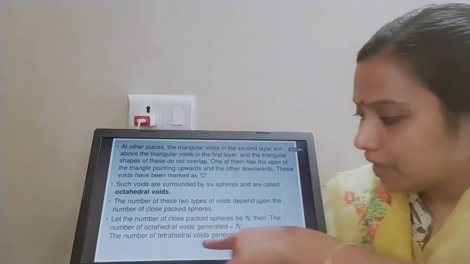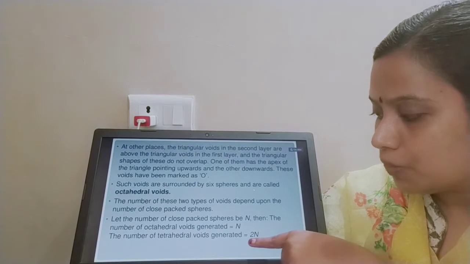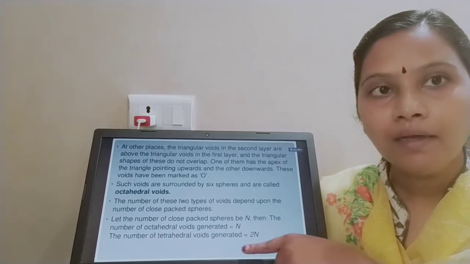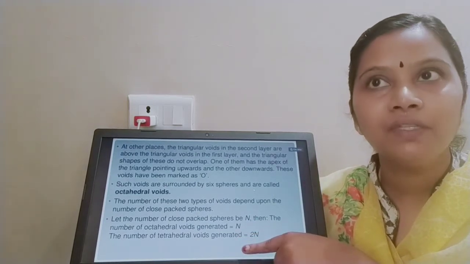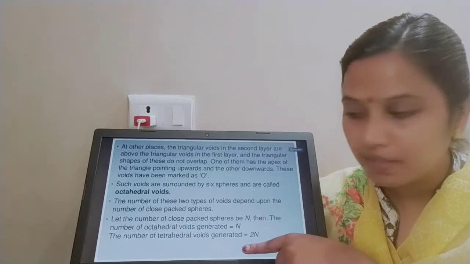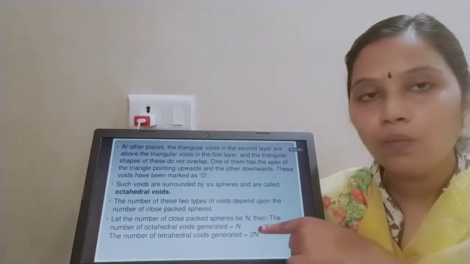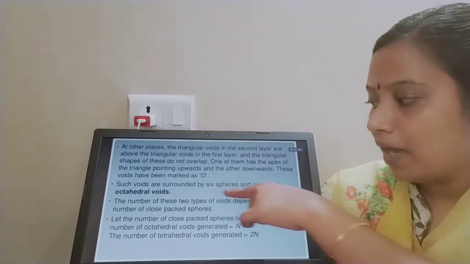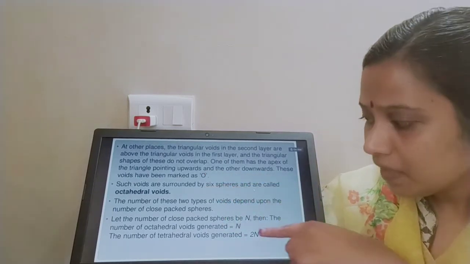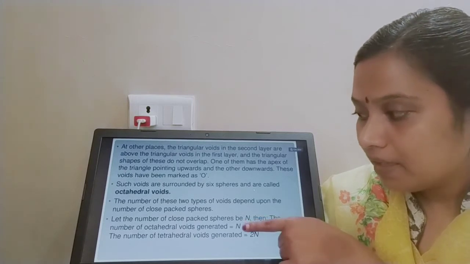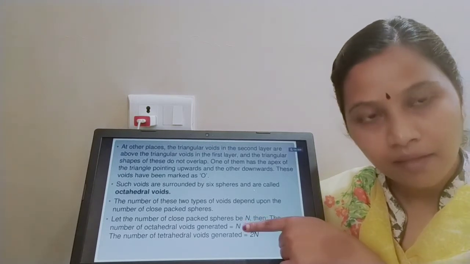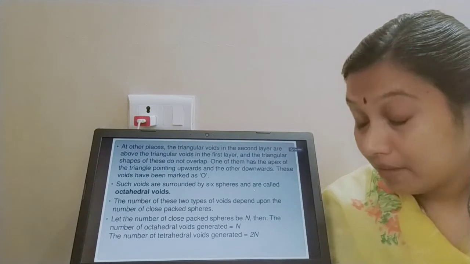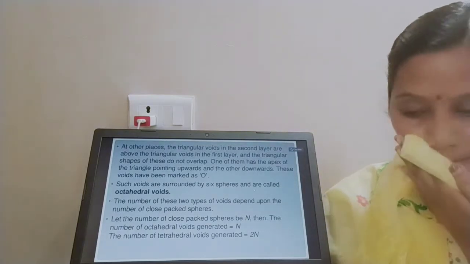The number of tetrahedral voids generated is 2n. In tetrahedral voids, you have 3 adjacent neighboring spheres. In octahedral voids, you have 6 spheres. So octahedral voids are n, while tetrahedral voids are 2n.